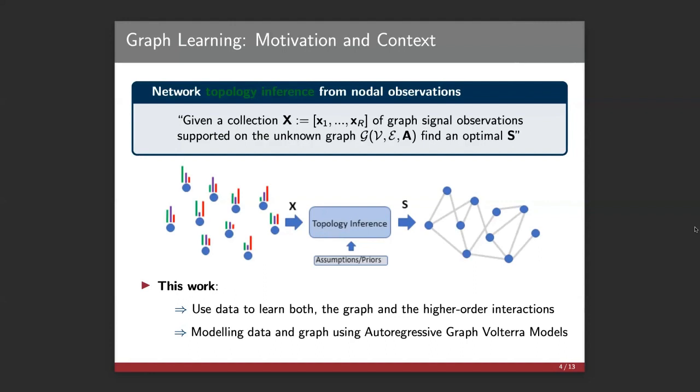In this case, we can see them as pairwise connections. In the work that I will explain today, we are not only focusing on learning links between nodes, but also some kind of higher order interaction, which in complex networks may be important or explain our data.